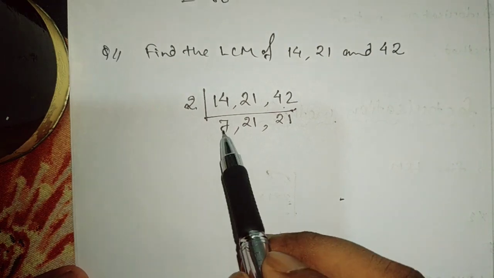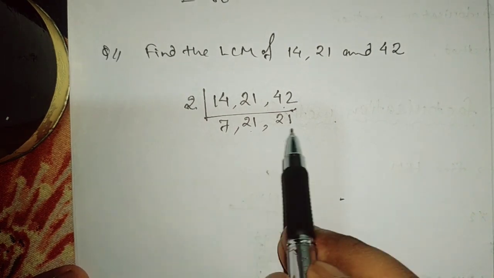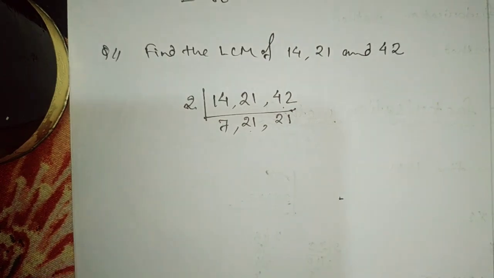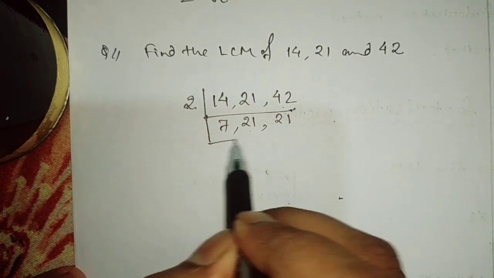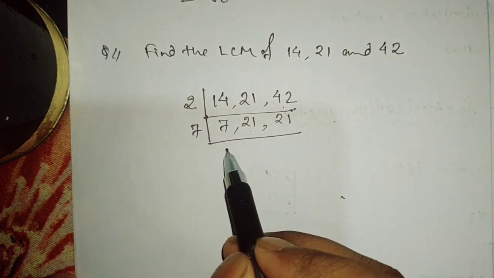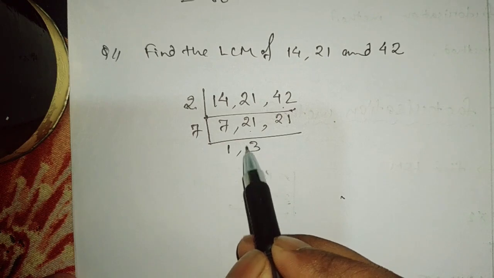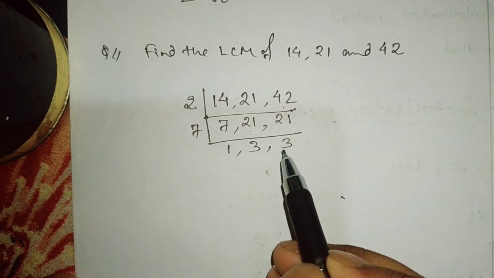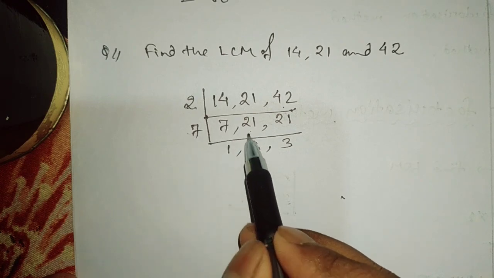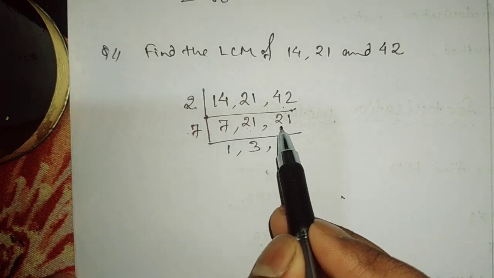Now we can see that 7, 21 and 21, all these numbers will be divisible by 7. So rather than going for 3 or 5, we'll take 7. Then 7 1s are 7, 7 3s are 21, 7 3s are 21.